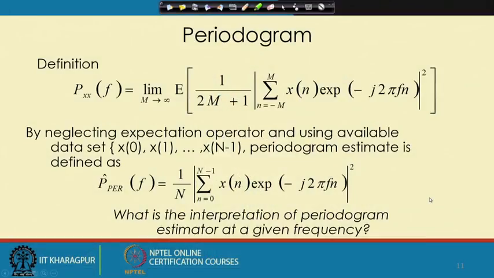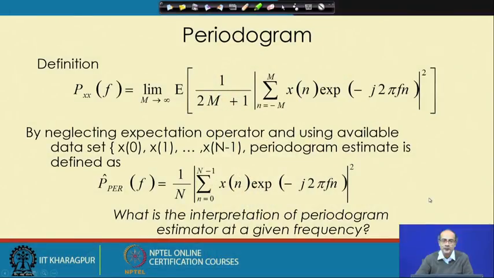When we take the limiting condition M tends to infinity and take the expectation operator, we can show it is the same as the classical definition of PSD, but in practice we do not have them. So, still, can we get any interpretation of this periodogram in the frequency domain? That means, for a particular value of f, what will the periodogram estimate give?